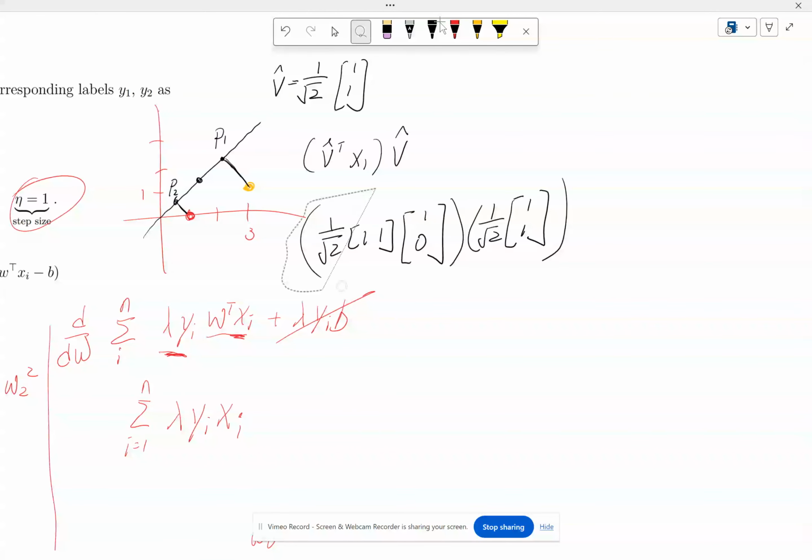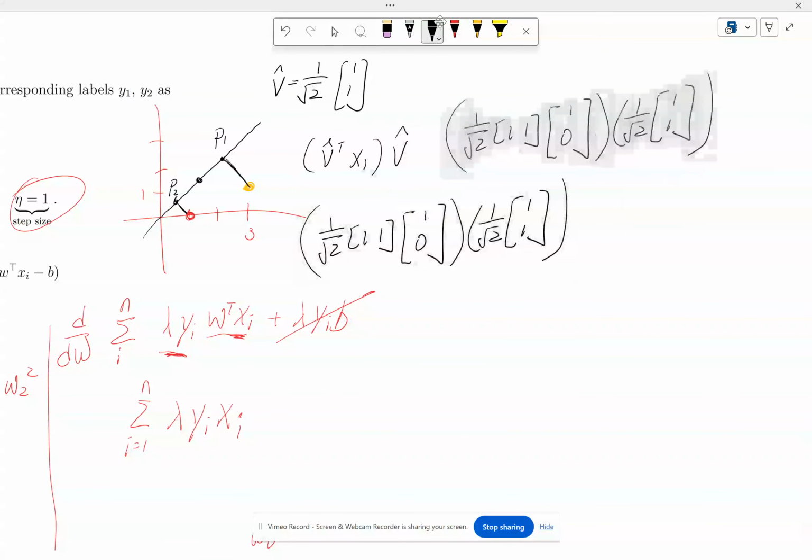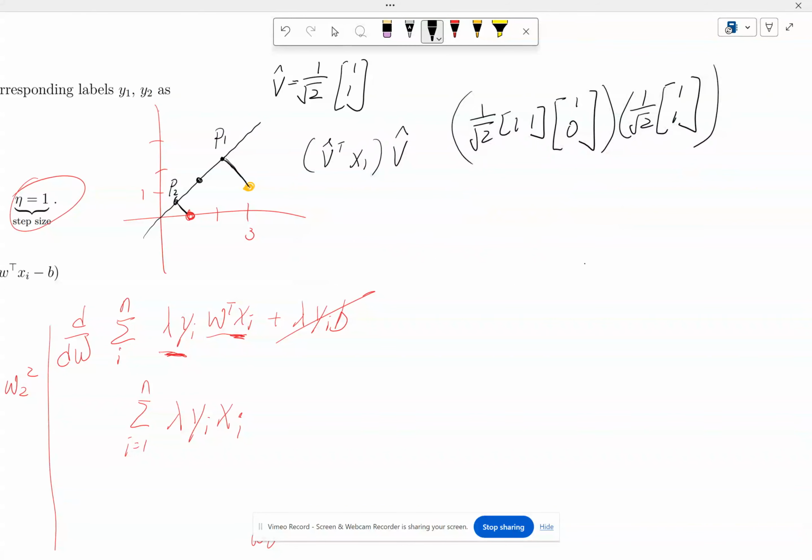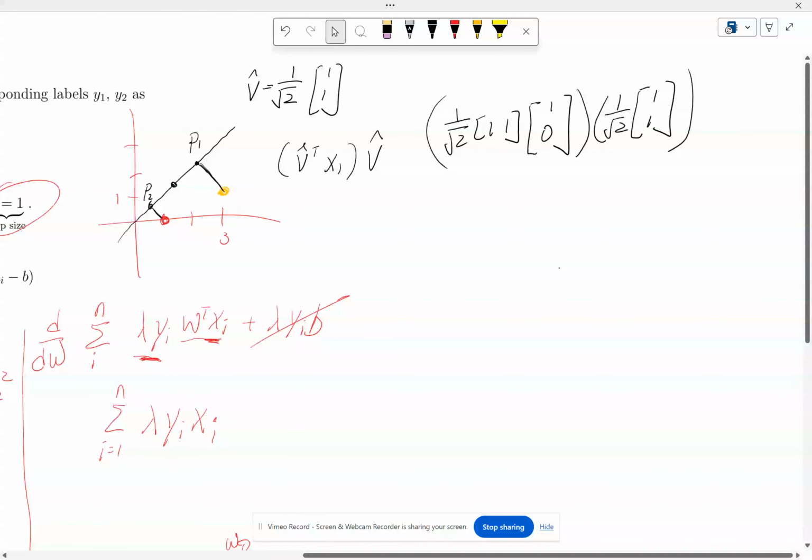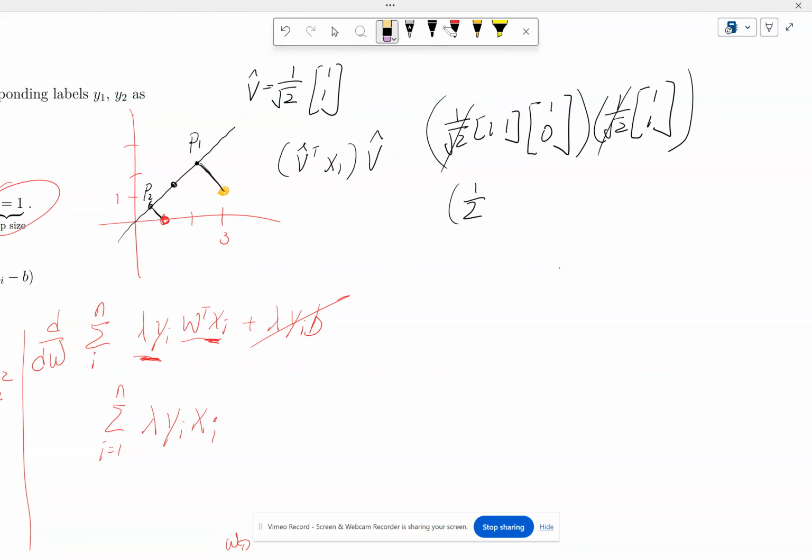Let me move over a bit. Well, this right here is equal to 1/2. This and that cancel out, right? 1/2. And then this and this is just equal to 1. So that's it. And then you have 1, 1, resulting in 1/2, 1/2.